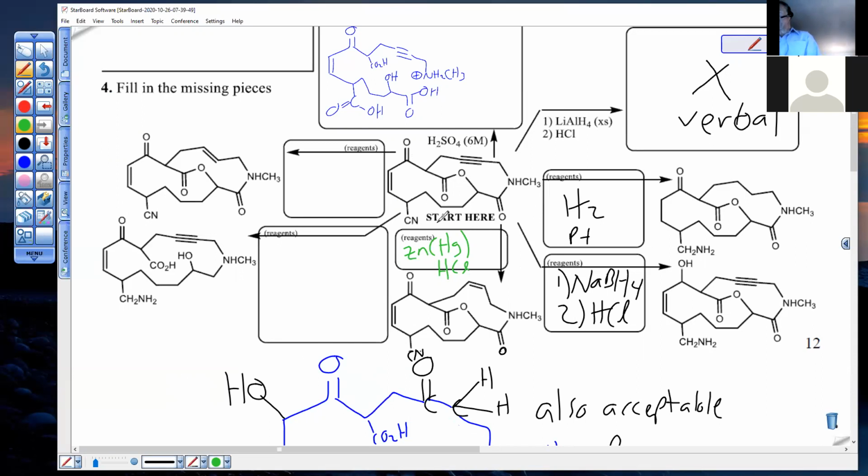Well, it's clearly the same result. Verbally, I said you made an amine over here. Verbally, I said you made an alcohol here. And CO2H. That's a hydrolysis there, isn't it? Interesting. I don't know if I can do this reaction. That's a bit of a typo right there.